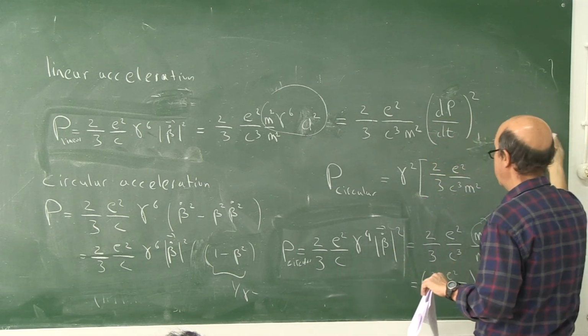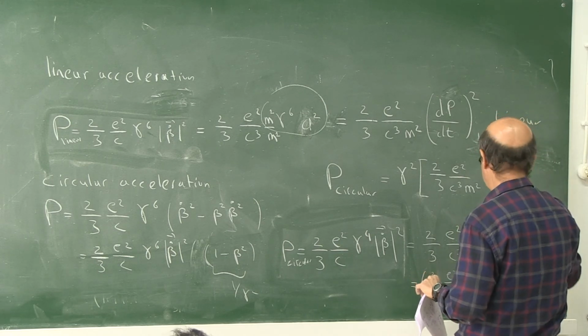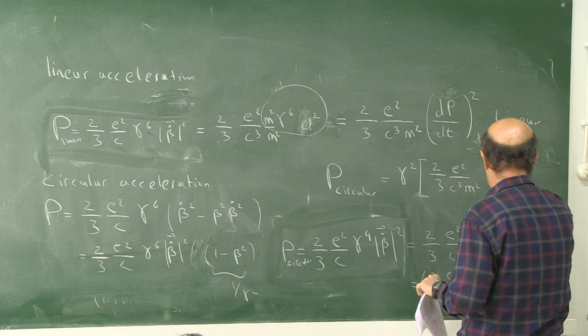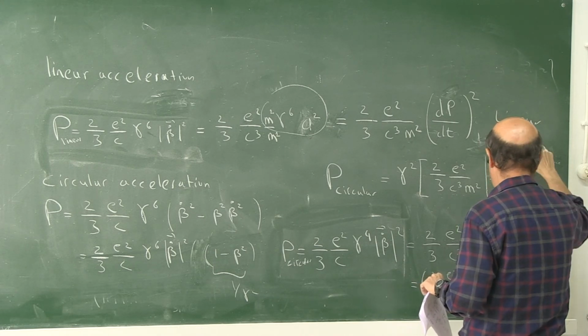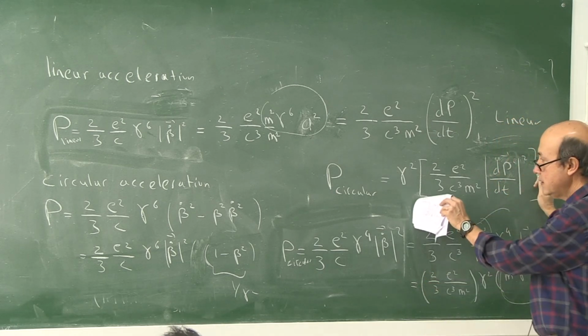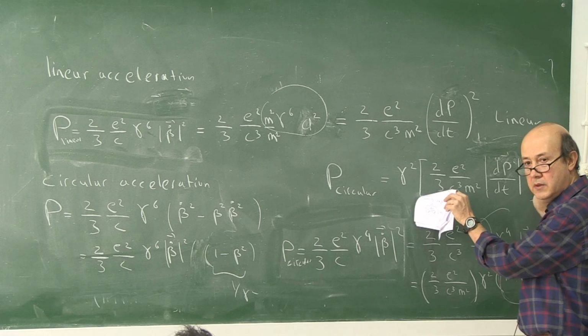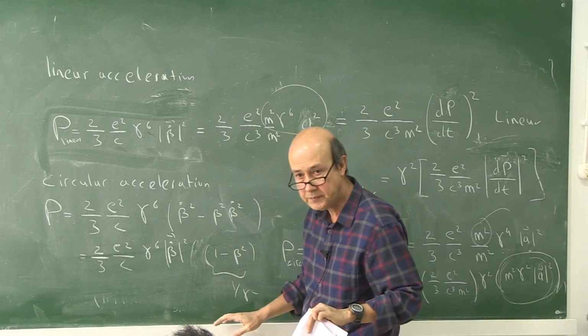So this was the linear case, and that will be dp over dt square. This is the power of the linear case, and this is very important. So what does it tell?